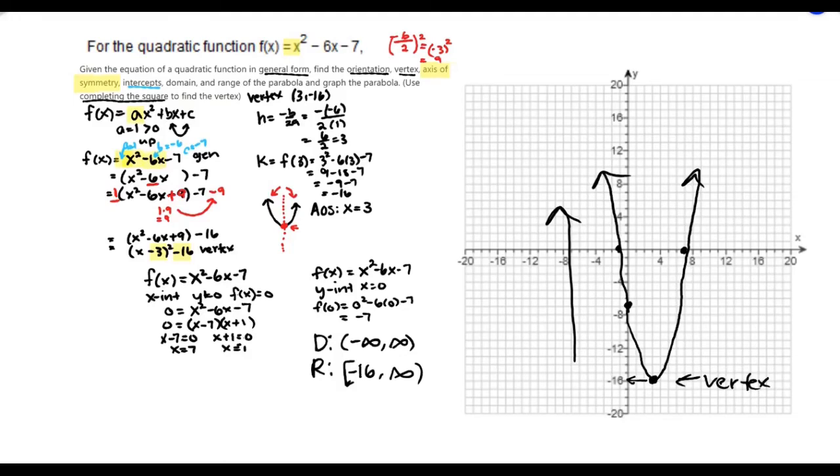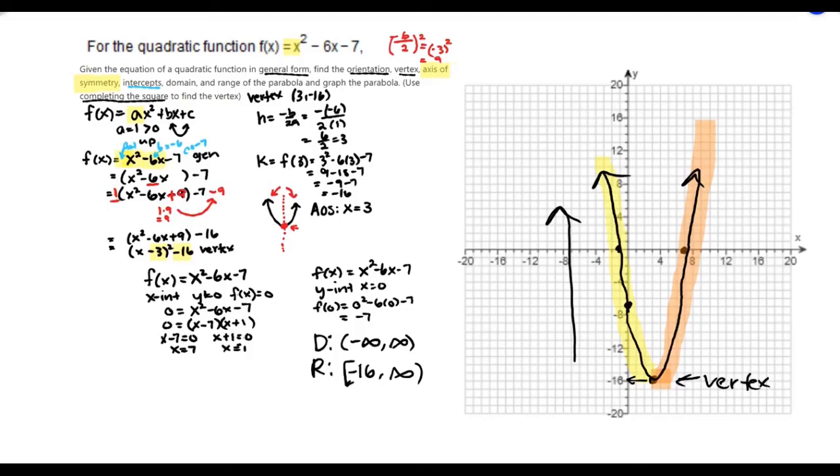Finally, we want to state where this quadratic function is increasing and decreasing. So if we take a look at our picture, we're going to trace our graph going from left to right. From left to right, you can see that this portion of the graph has y values that are decreasing, and this portion of the graph has y values that are increasing.